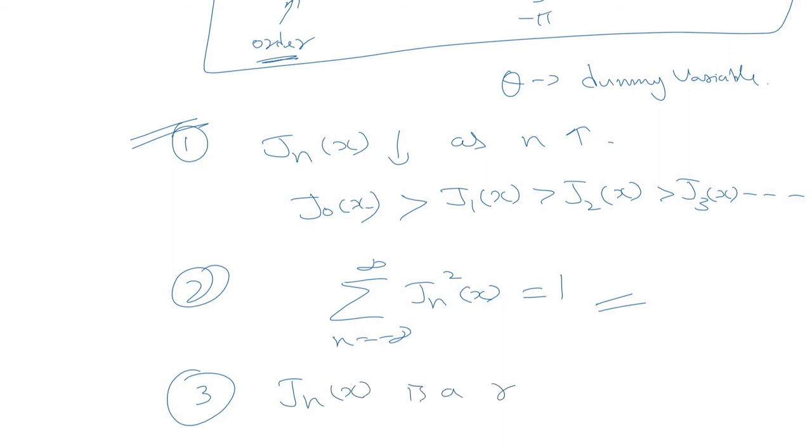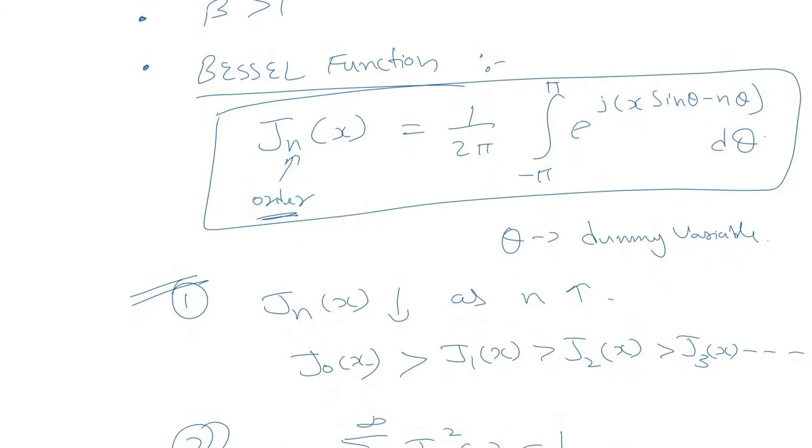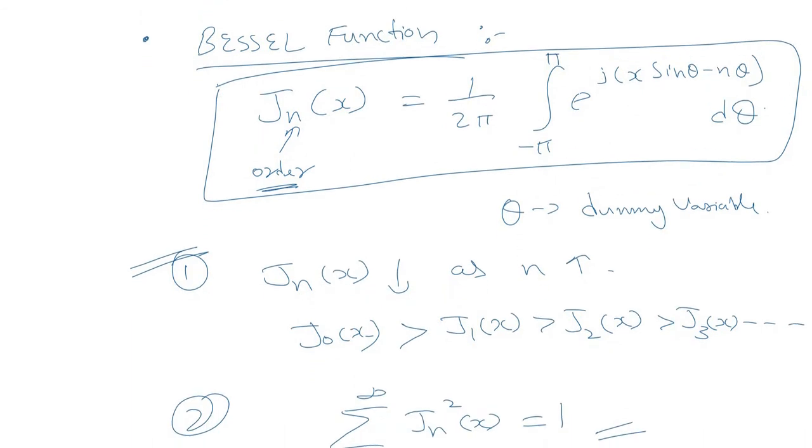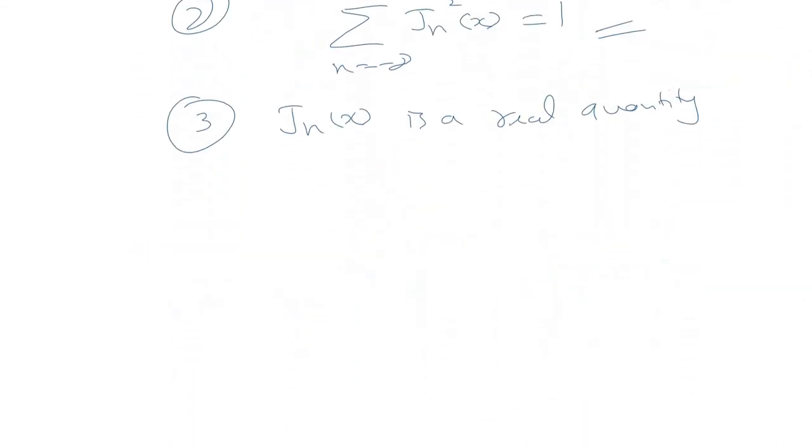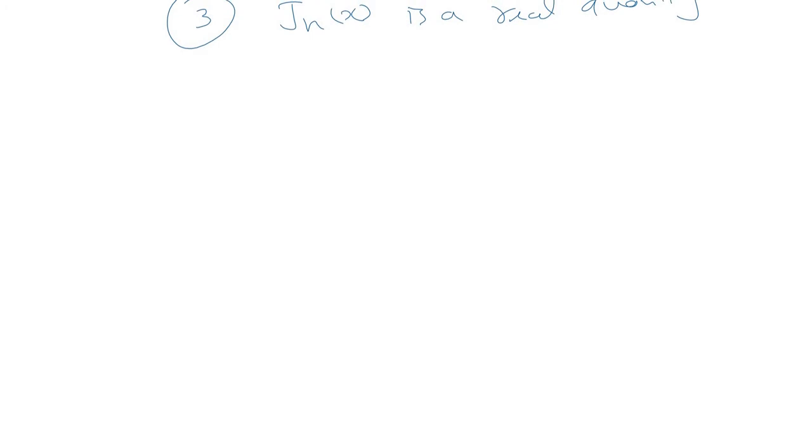So this is what we need to know about the Bessel function, just a brief idea so that we can correlate whenever we encounter this term in the expressions of wideband FM signals. Now let us try to find the general expression of the wideband FM signal.